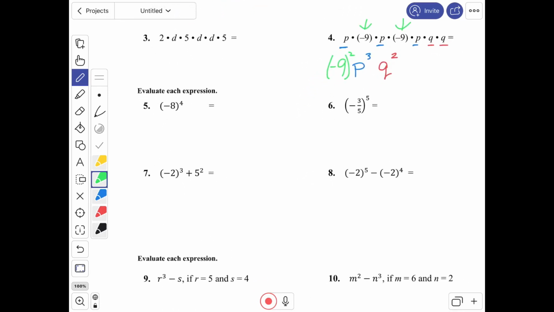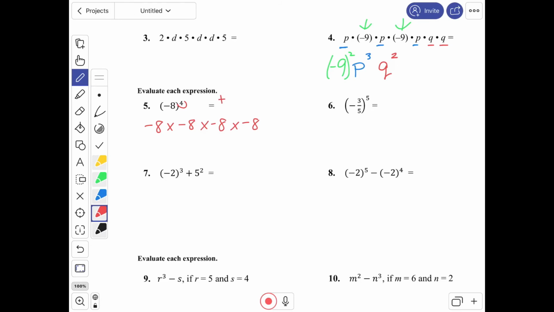Okay, on the next section, 5, 6, 7, and 8, that is where you're actually solving them. So this first one, number 5, would be -8 times -8 times -8 times -8. And it's an even, so my answer should be positive.